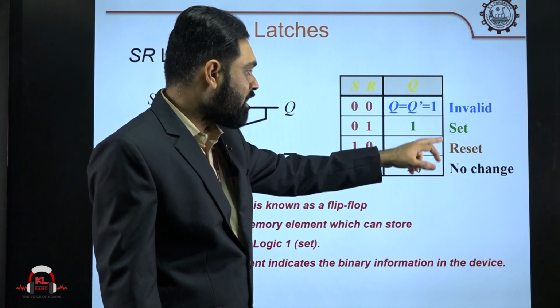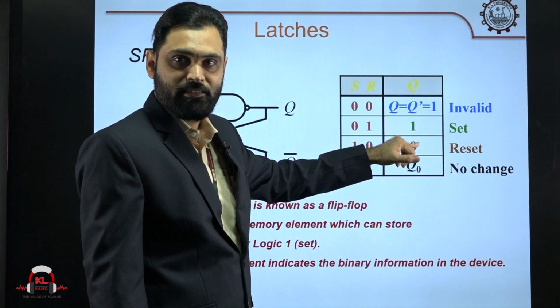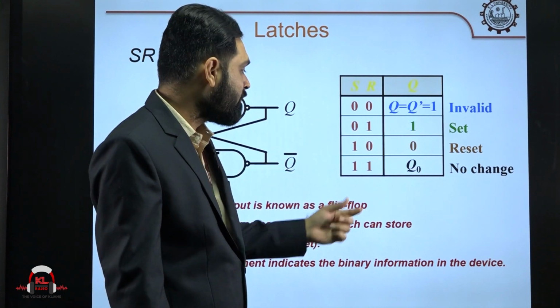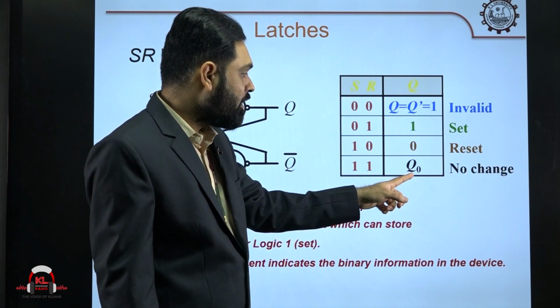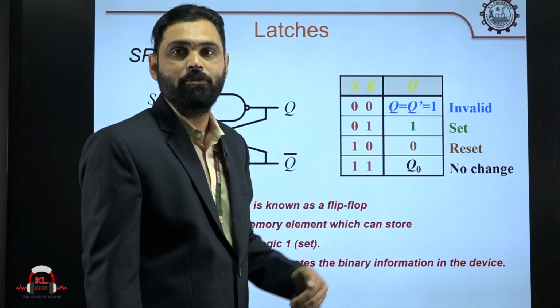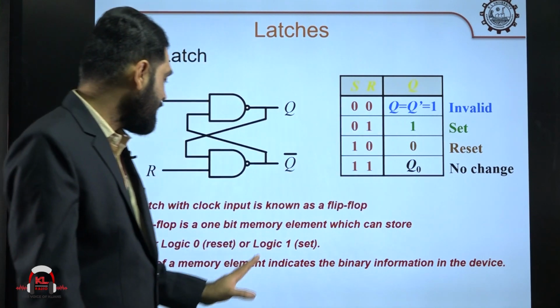These two states we call set and reset states. Whenever the output becomes 1, we call that the set state, and whenever the output becomes 0, we call that the reset state. And when both input values are 1 1, then you will get Q naught, that means whatever previous value you had, the same value you will get. That case we call the no change state. So, this is the latch.